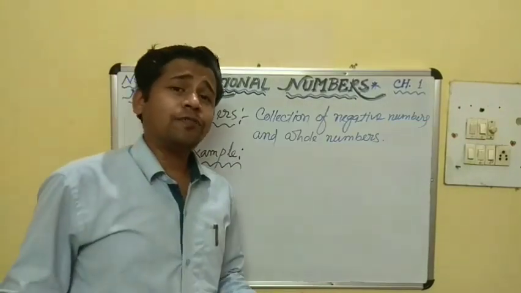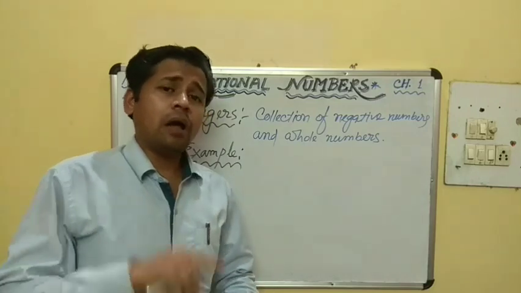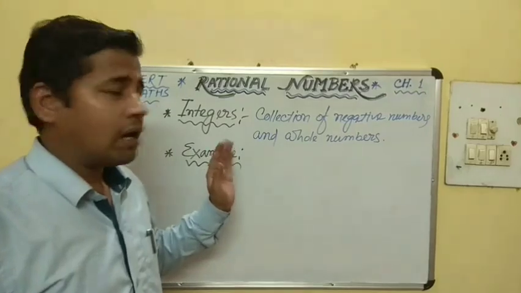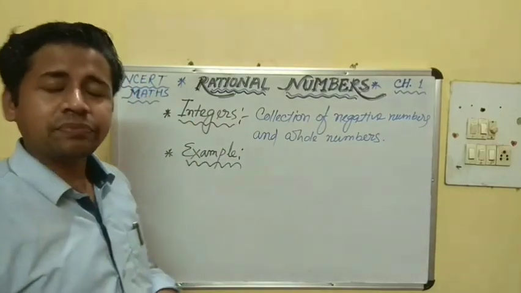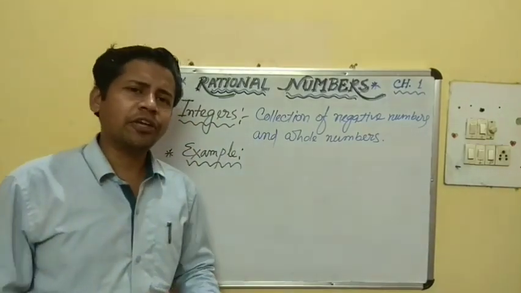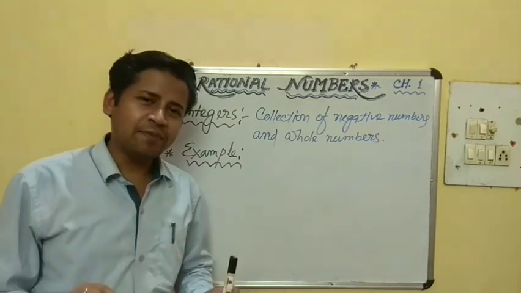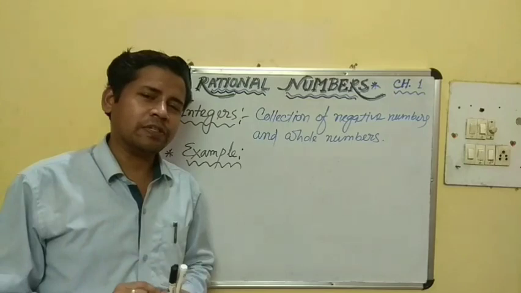Students, apart from natural numbers and whole numbers, there are also integers. What do you mean by integers? You have already learned this. Integers are the collection of negative numbers and whole numbers.